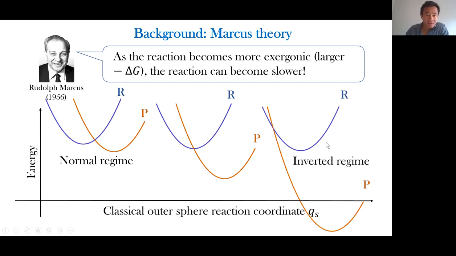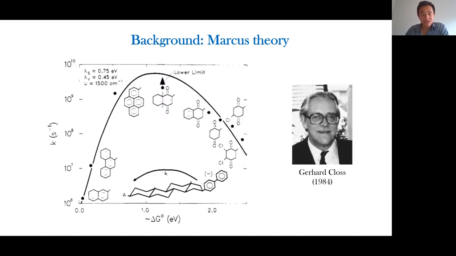And no one believed him. And in 1984, Closs did this experiment that showed exactly what he predicted: first acceleration of the reaction with increasing minus delta G, and then deceleration. This part is called the Marcus inverted regime, because the more thermodynamically stable you make the product, the slower you make the reaction.